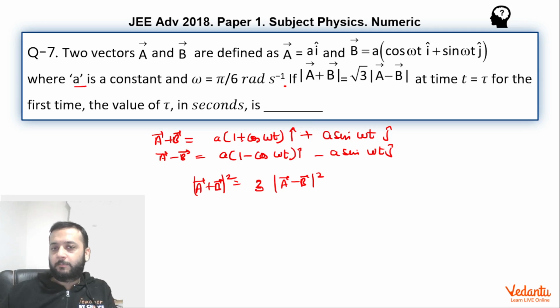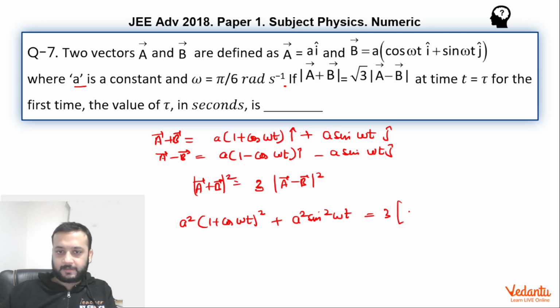So the mod square of this will be A square into (1 plus cos omega t) square plus A square sin square omega t. This should be equal to 3 times the mod square of A minus B, that will be A square into (1 minus cos omega t) square, and the minus sign will become plus, so plus A square sin square omega t, right?